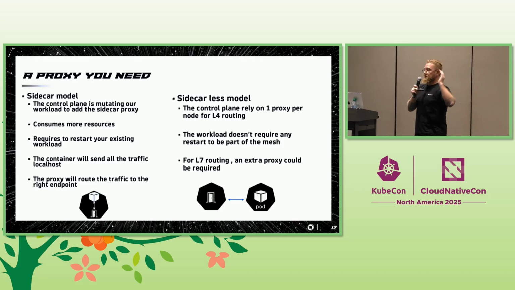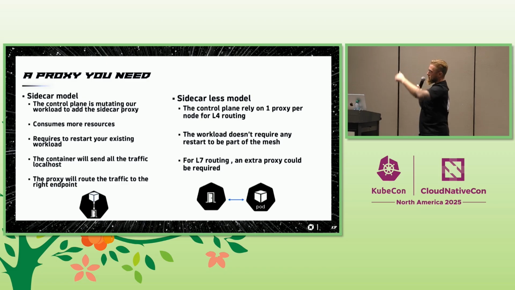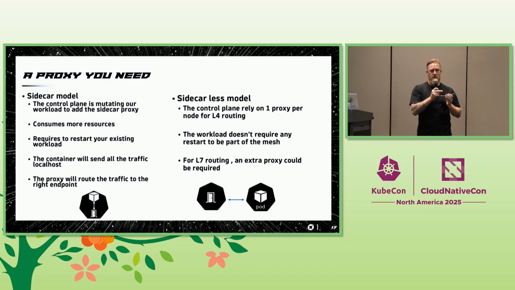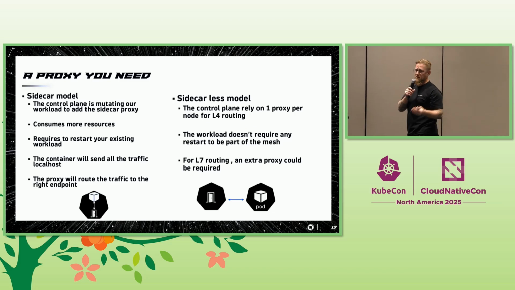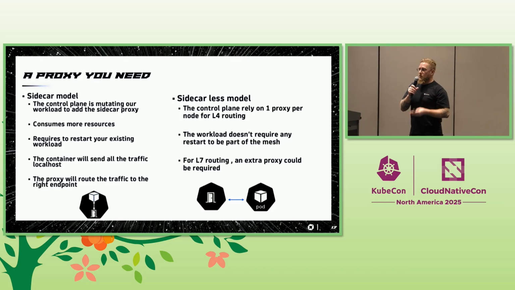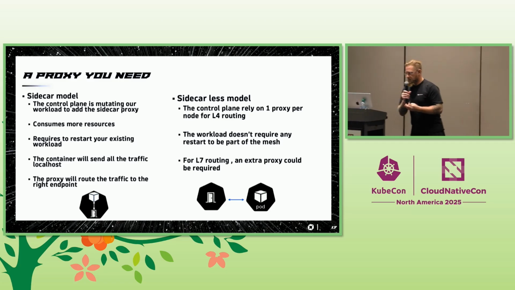And the proxy, if you send traffic to another service, it will go to another proxy, and the proxy will communicate back to our app. So very efficient, very low latency, but the big disadvantage of a sidecar is that you're just adding more CPU, you allocate more CPU, allocate more memory, so at the end it's more expensive from a resource perspective.